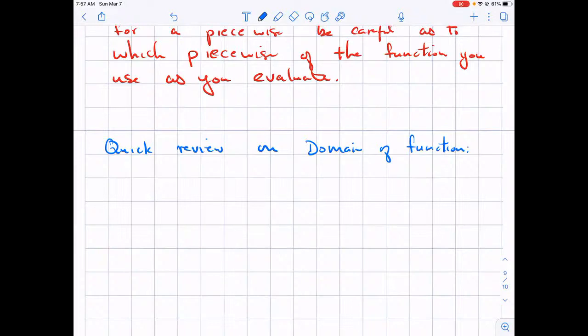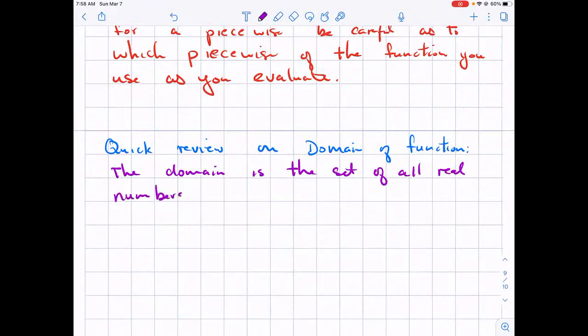So the domain, keep in mind, is the set of all real numbers for which the expression is defined.